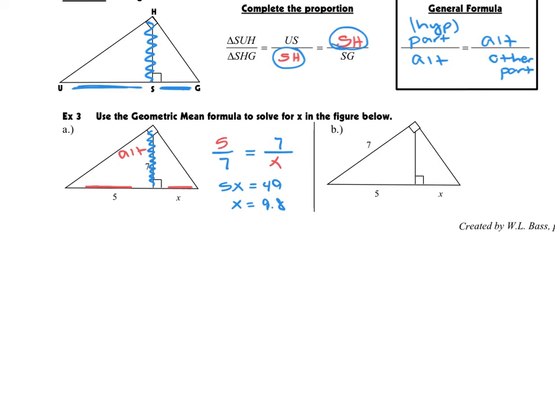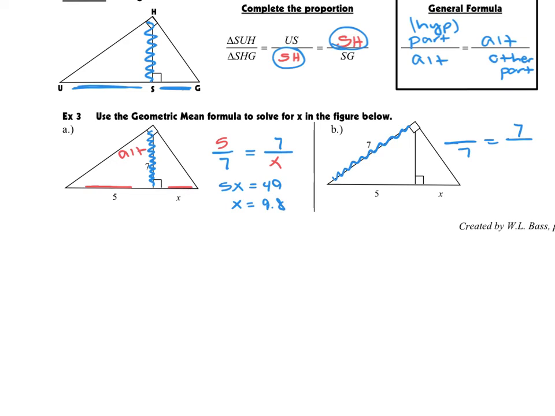Notice my other picture has the exact same numbers, but when you cover up this big hypotenuse in the right triangle with the altitude, cover this up, you still have a 7. So we're going to put a little squiggle on that one. That's going to become the geometric mean.